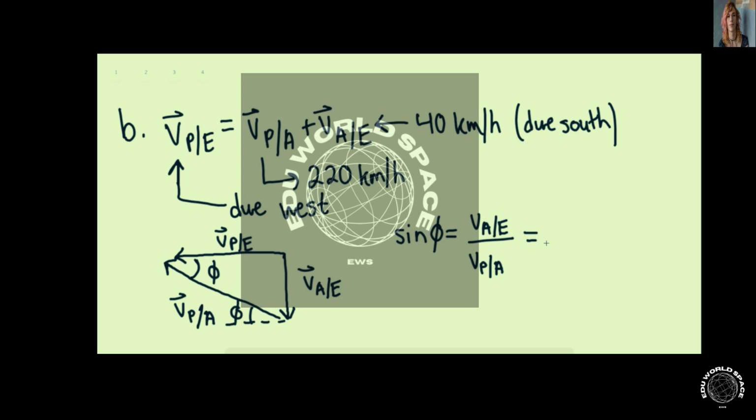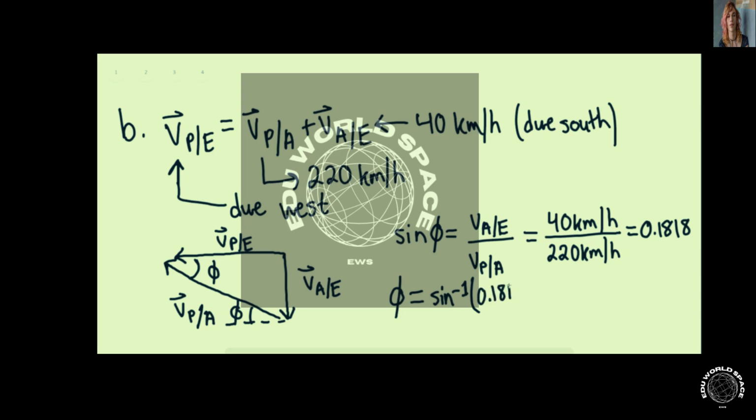This is equal to 40 kilometers per hour divided by 220 kilometers per hour. This is giving us 0.1818. Then phi would simply be arcsine of 0.1818, and we're finding that phi, the direction, would be 10.5 degrees.